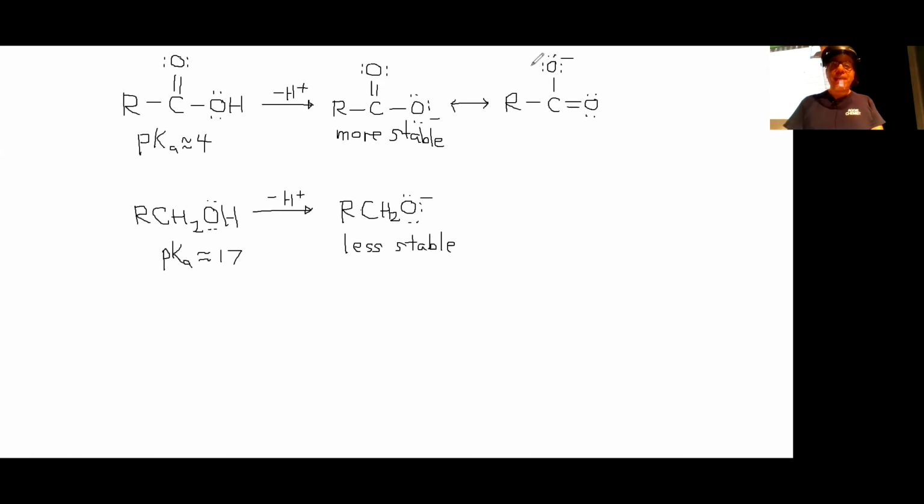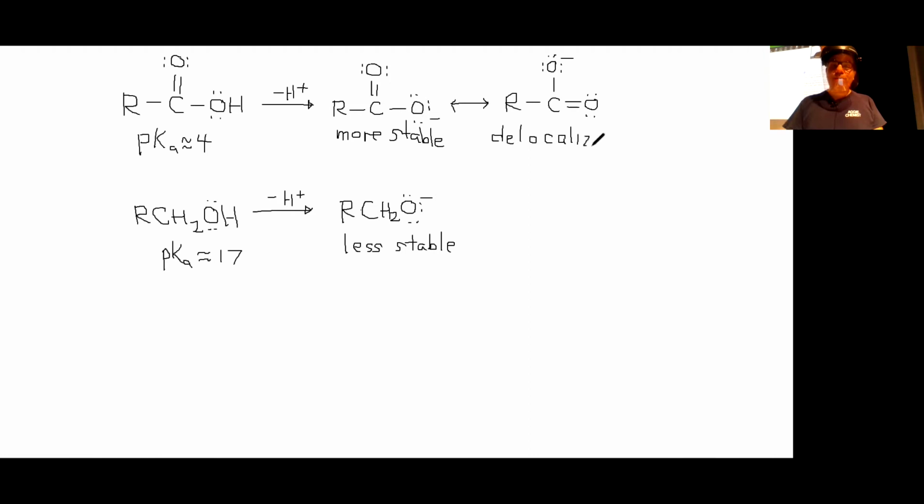And so what that means is that the minus charge is delocalized. Some of it is on this oxygen and some of it's on the other oxygen. Those two atoms share the minus charge. I'll even write that down, this is a delocalized minus charge. And again, it's what we said before.